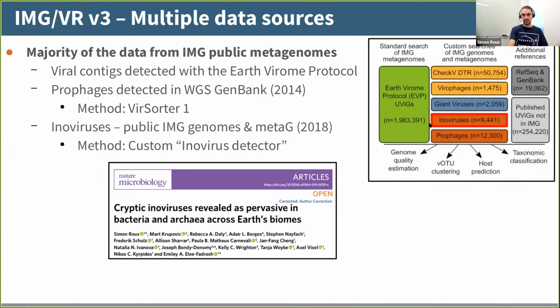The second one is a database of inoviruses that we released in 2018. We built it by mining public IMG genomes and metagenomes, but because inoviruses, which are filamentous bacteriophages, are not well recovered by pretty much all of the standard virus detection approaches, we had our custom approach.